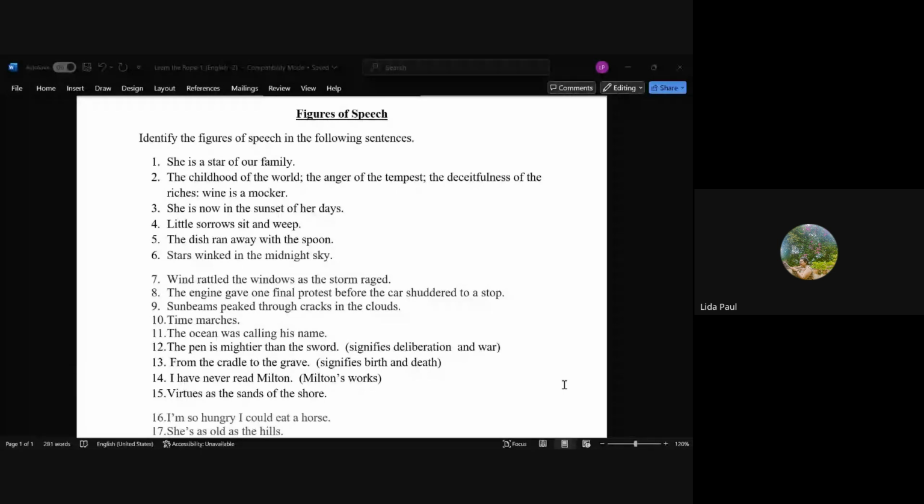All right. Now, this is the ninth one, I think. Sunbeams peeked through cracks in the clouds. Verb personification. Yeah, same thing, personification. So don't be surprised by this one. This is one of the most commonly used figures of speech compared to everything else, because if you followed the last discussion, you should have figured that the others look a bit more complicated or complex to even come up with.